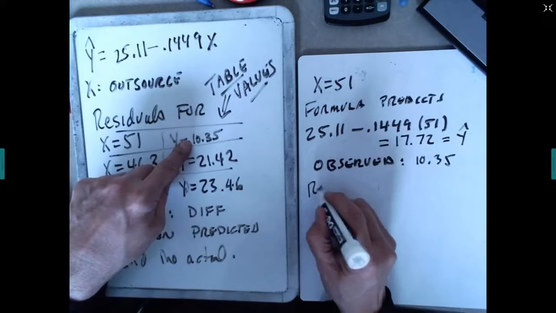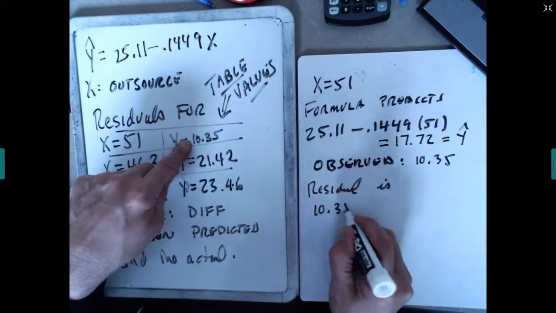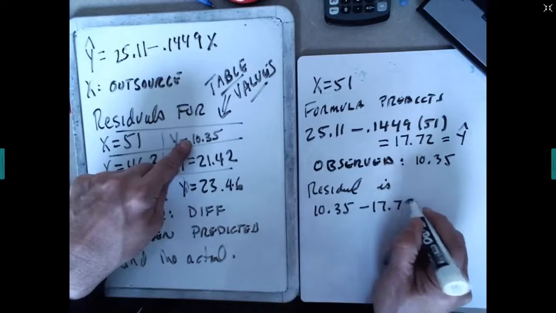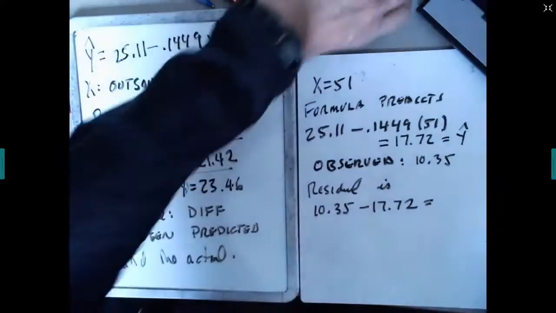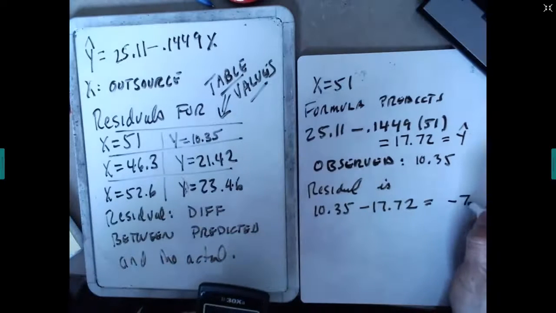So the residual is 10.35 minus 17.72, which is minus 7.37.